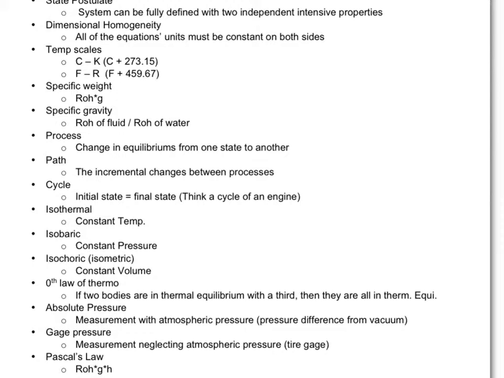So if it says that you have 30 kilopascals, that's gauge. What it's really saying is that its absolute pressure will be 101 more than that, because your 101 is your atmospheric pressure.